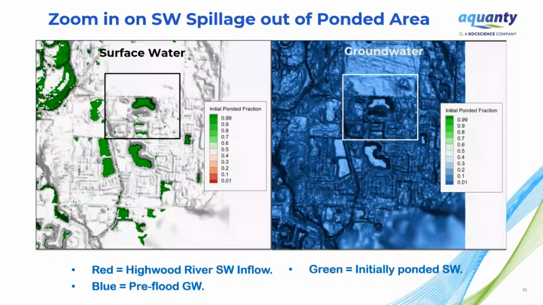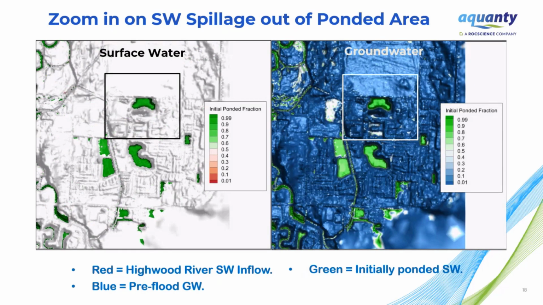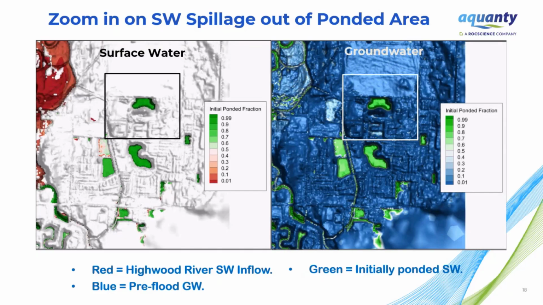Okay, so let's look at the second example here. This is going to be the surface water spreading during the flood wave. The initial ponded water in these stormwater ponds is shown in green. The surface water inflow on the left is shown in red, and then groundwater is shown in blue. So we'll get the flood wave coming in as red from the left.